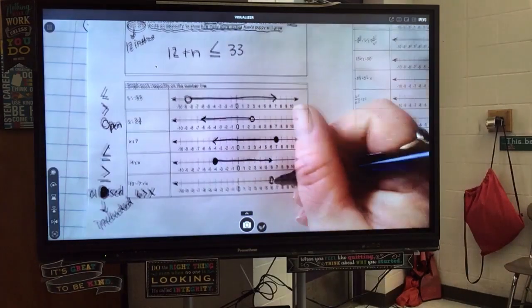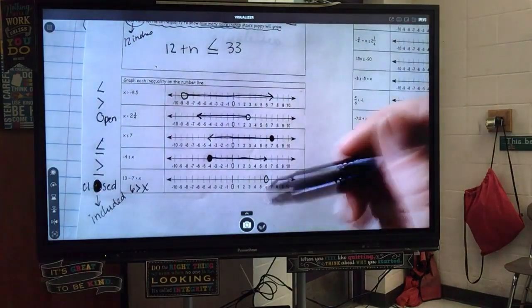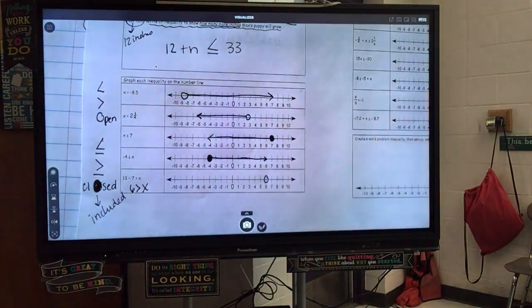So pick a number and make the statement true. Negative 87. Okay, so plug it in and tell me if it's true. 6 is greater than negative 87.